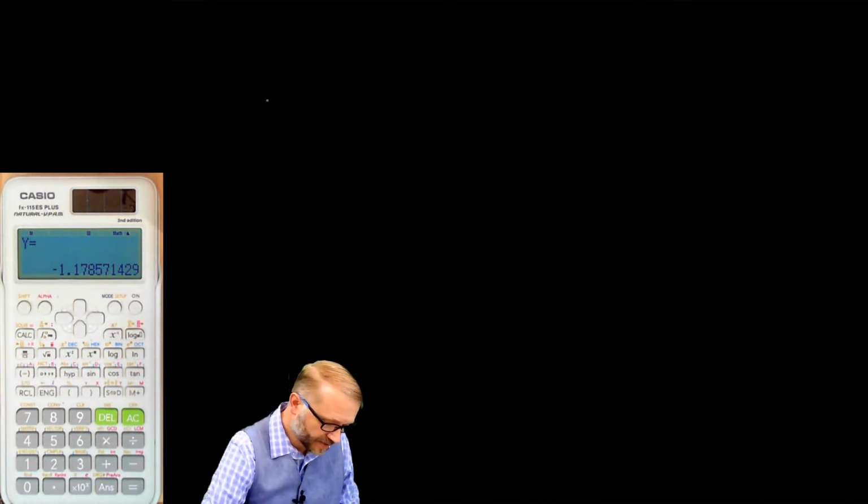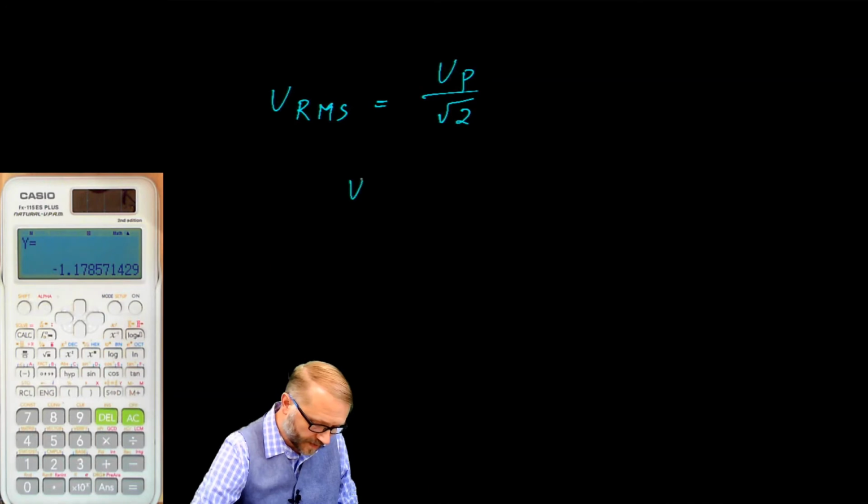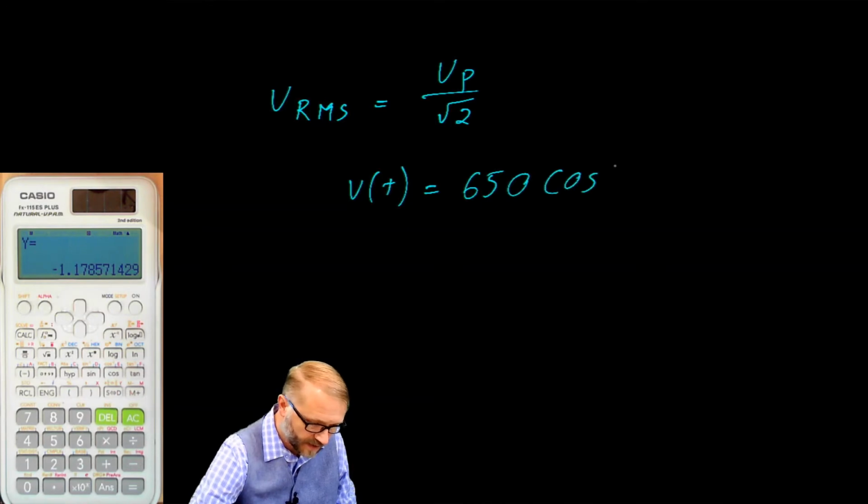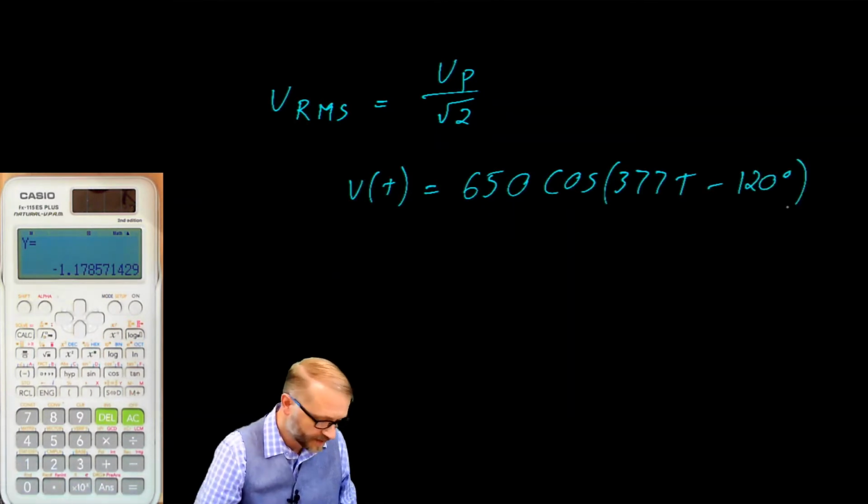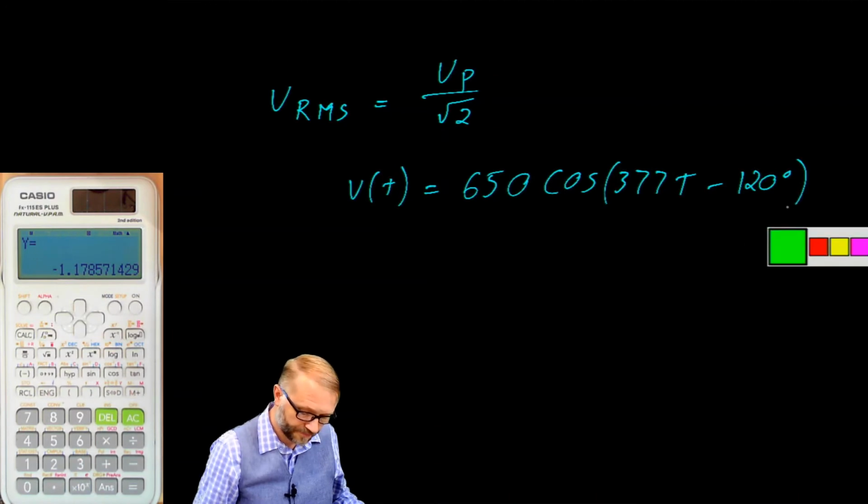From the previous lectures, the RMS voltage is equal to the peak voltage over root 2. And I believe we established an equation like this. For example, if you had 650 cosine of 377t plus, let's make that minus 120 degrees, what would that look like?